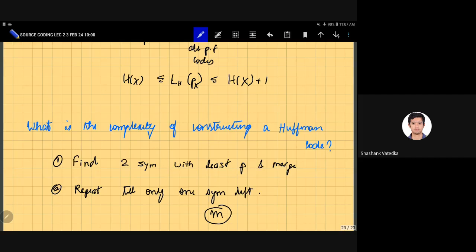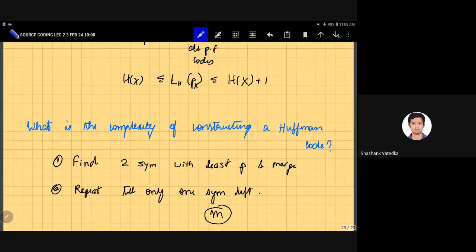So log m. Why do you say log m? What do you mean divide by 2 each time? Right, so it's roughly m log m.